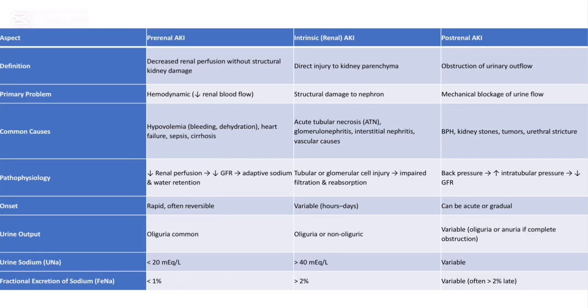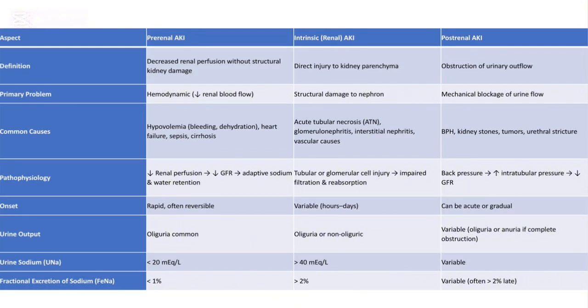These mechanisms promote sodium and water retention to restore circulating volume. In intrinsic AKI, the mechanism depends on the specific injury. For example, in acute tubular necrosis, or ATN, damaged tubular epithelial cells lose their polarity and slough into the tubular lumen, causing obstruction and backleak of filtrate. This leads to reduced effective filtration and impaired reabsorption.